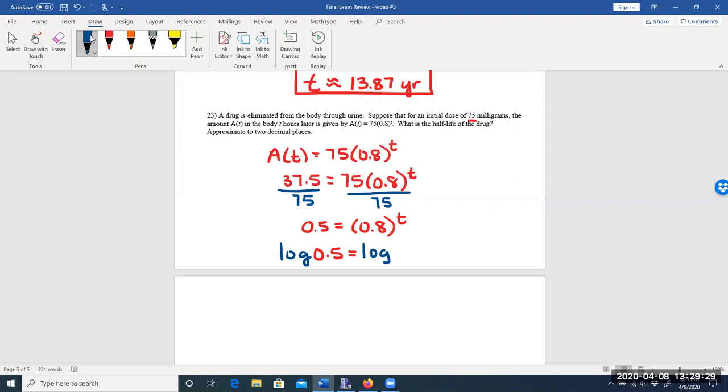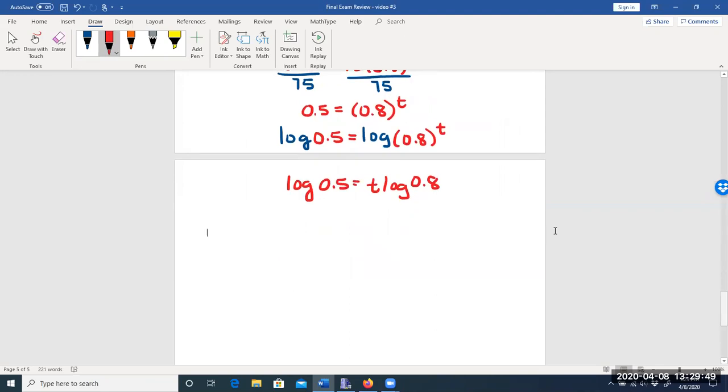And then by our laws of logarithms, we can take that t and move it in front, make it a coefficient. And then the last thing I need to do is divide both sides by the log of 0.8. That is what will isolate my t.